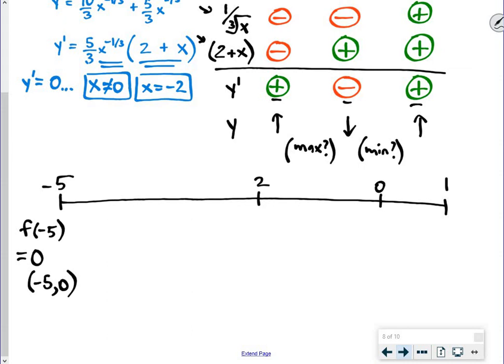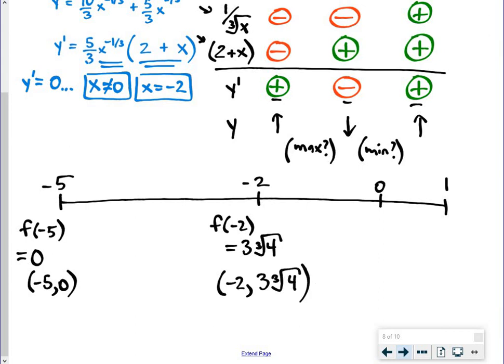Okay, the function value when x is -2. Okay, so just sub in a -2 wherever you see x. That turns out to be 3 cube root 4.